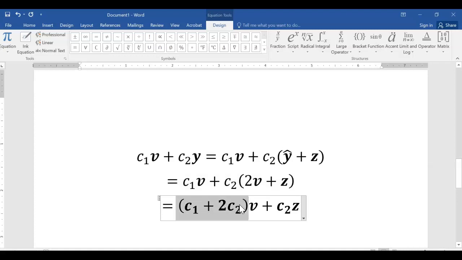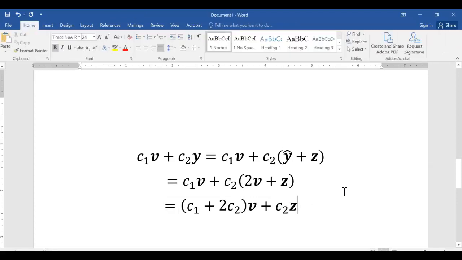So c1 plus 2c2 is just a real number, and c2 is just a real number. And so there you go.